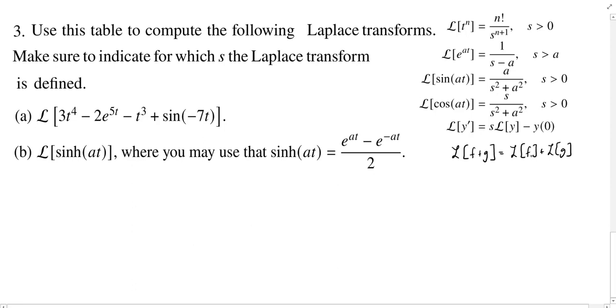And if we wanted to worry about the s here, we know if the L of f required s to be greater than a, and the L of g required s to be greater than b, then the L of f plus g is going to require the s to be greater than both.